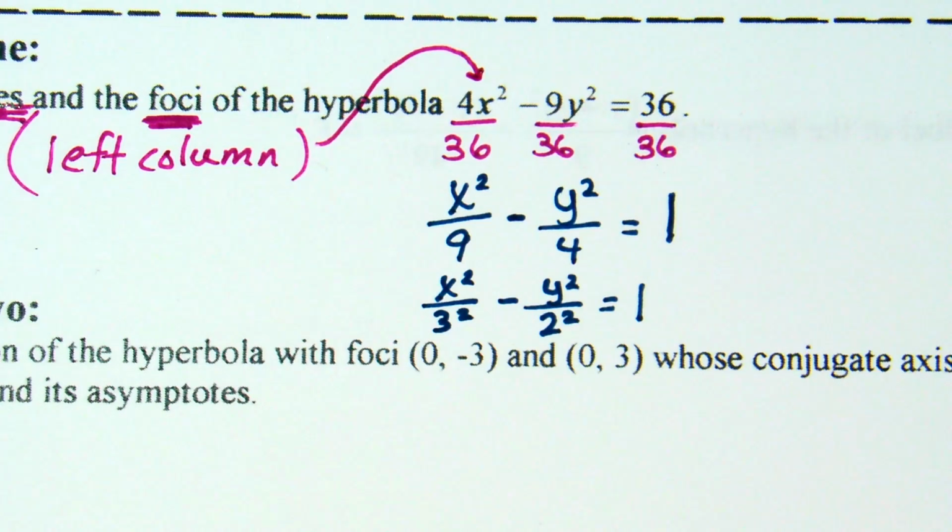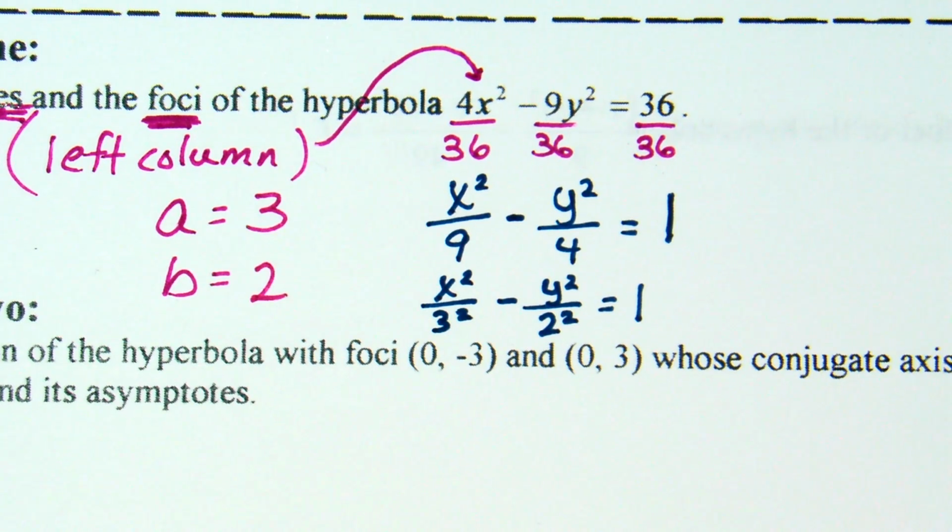While we're here, can you identify your a and b values? a is 3, b is 2. And a is 3 because a always comes under the first fraction in a hyperbola, which is the positive fraction.